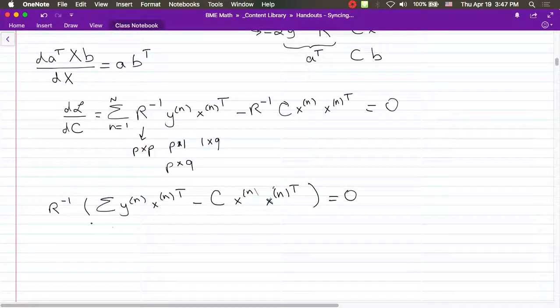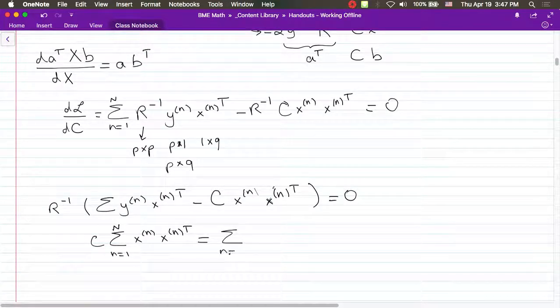And so we get the following equation. We get C times the sum of x of n x n transpose, n is equal to 1 to N, is equal to the sum n is equal to 1 to N y of n x n transpose.